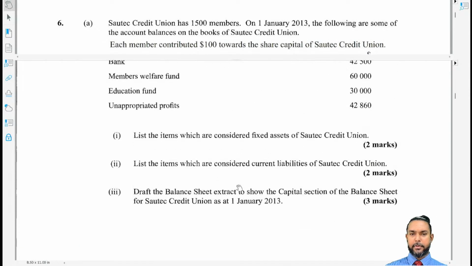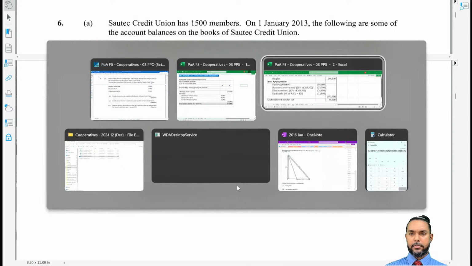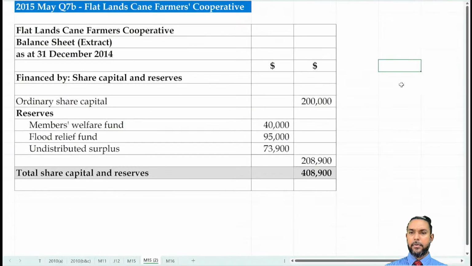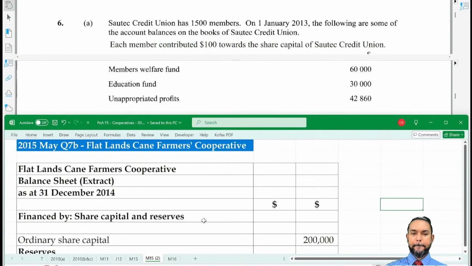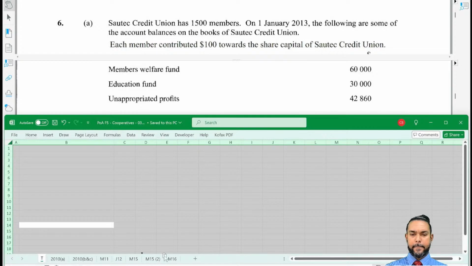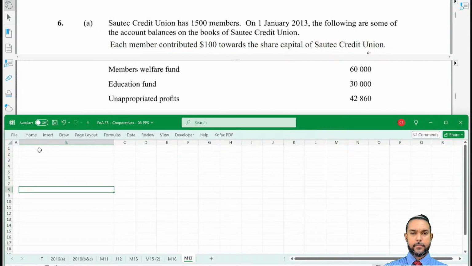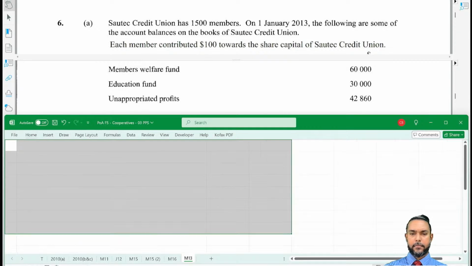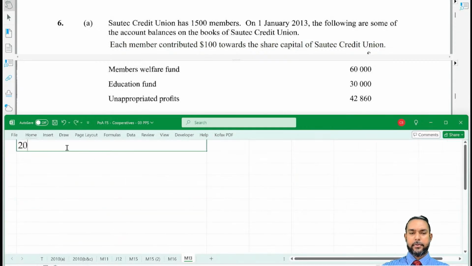All right, cool. So 2013, May, version 6A, Soltec Credit Union.